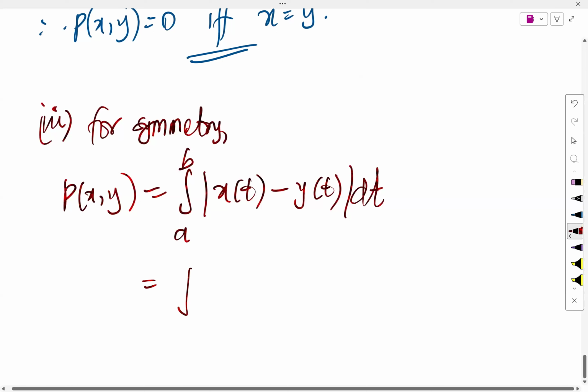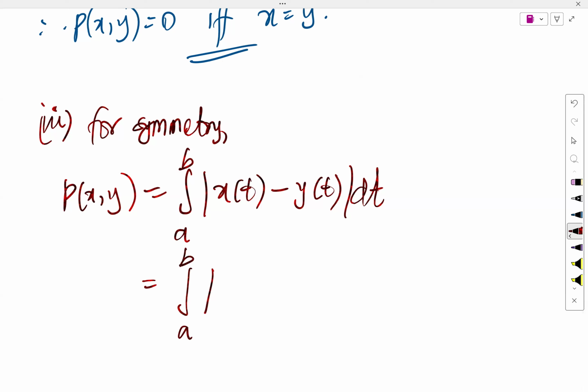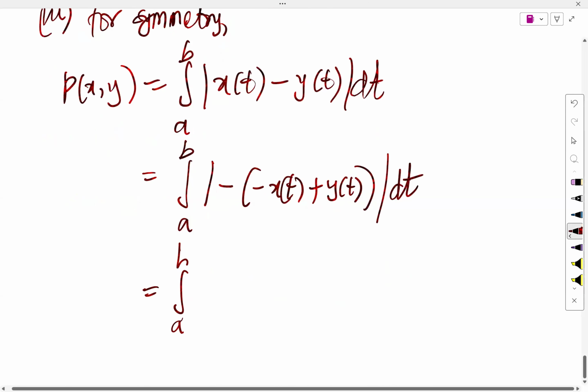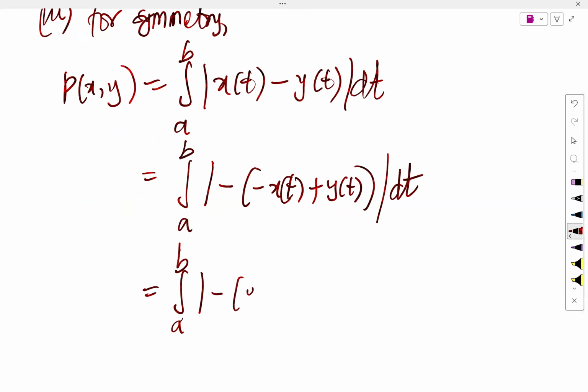The normal skill I like to use is to factorize minus here. So I have the absolute value of minus x of t plus y of t. If you take minus out, it changes the sign inside. So I have the integral from a to b of the absolute value of minus, y of t minus x of t dt.